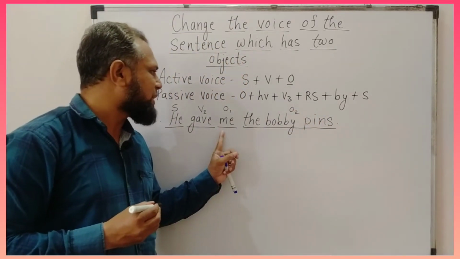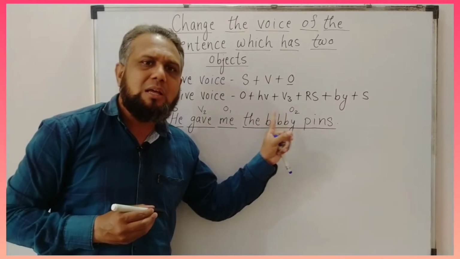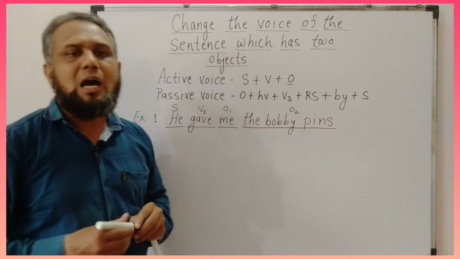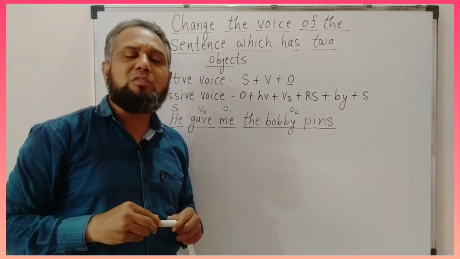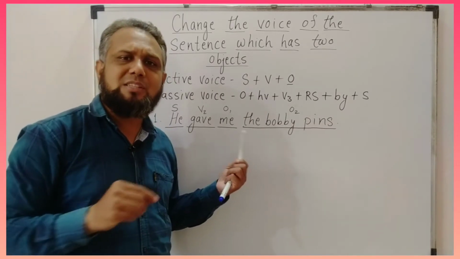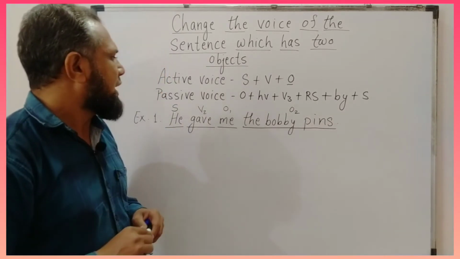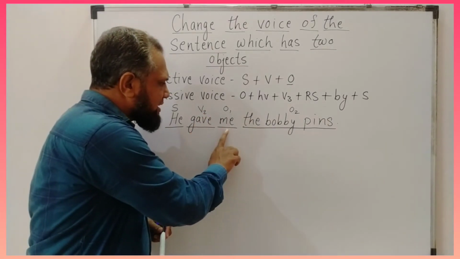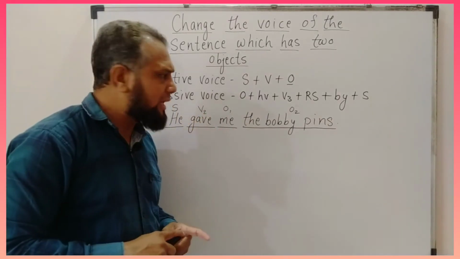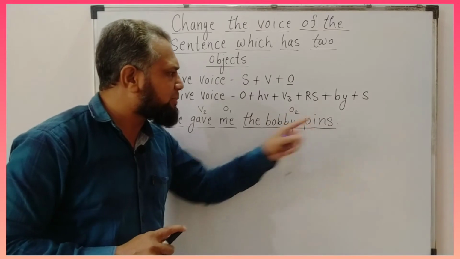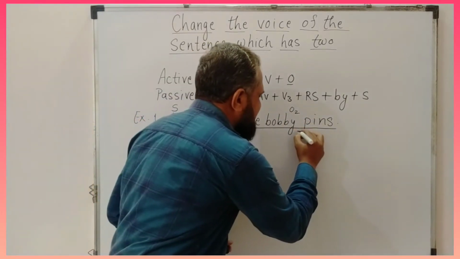Object number 1 is me and object number 2 is the bobby pins. Now in such a case, what should we do to solve this problem? If you consider me as object, then you have to consider the bobby pins as remaining sentence.